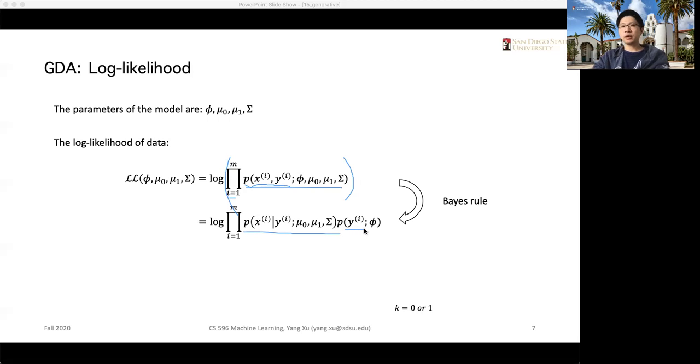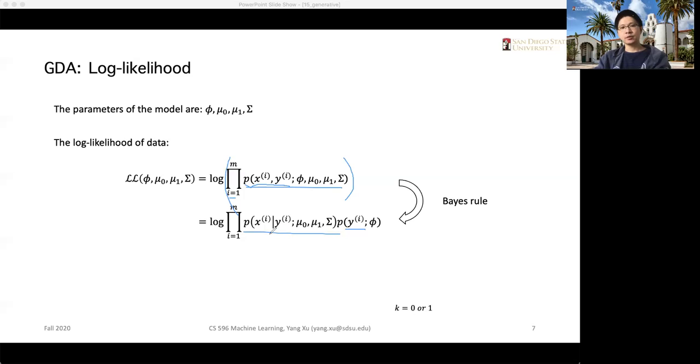So it also describes the generative process, right? Because the process of observing some data points is like you first determine the y, right? You first determine whether this is, say, a spam mail or non-spam mail. You need to choose y equals 1 or 2, or y equals 0 or 1. And after you determine the y, you need to draw a data point x from either Gaussian distribution.